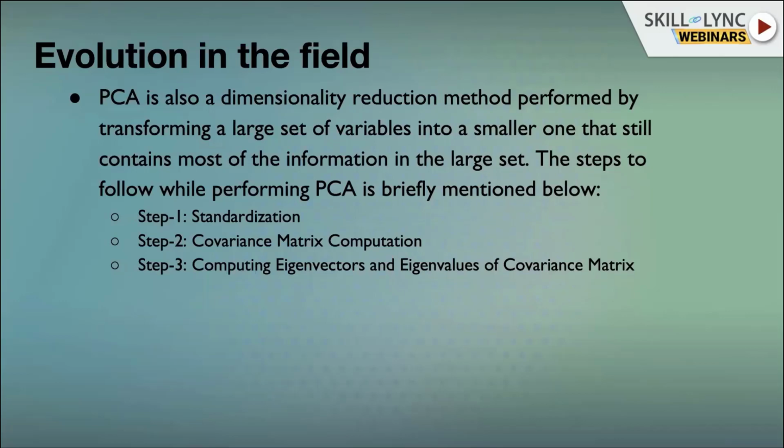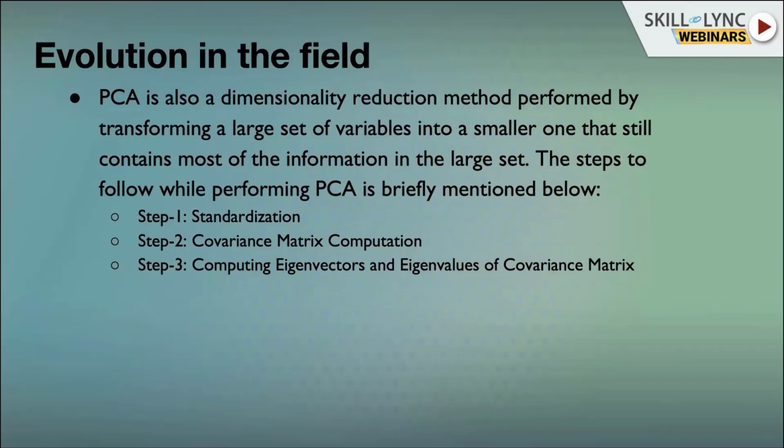So this step two is used to understand how the variables of the input data set are varying from the mean with respect to each other. That is to see if there is any relationship between the variables.